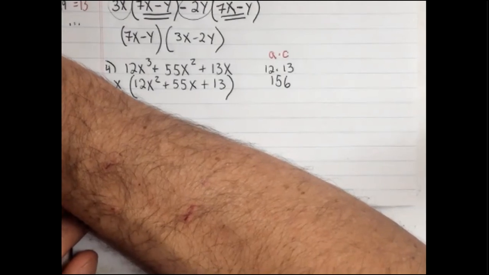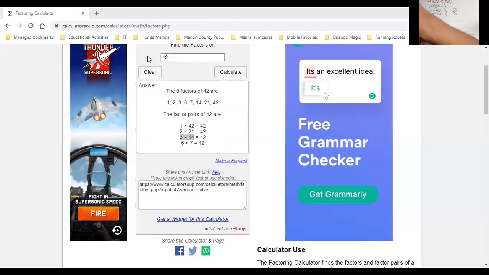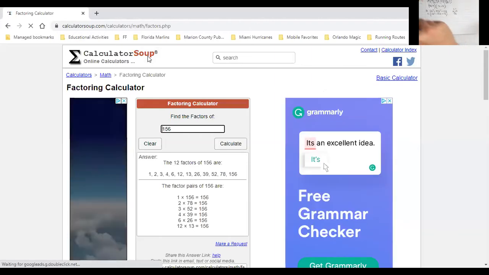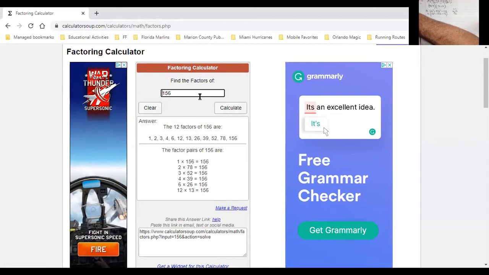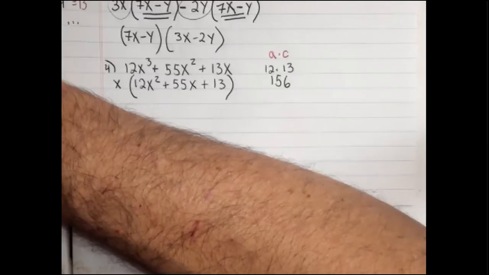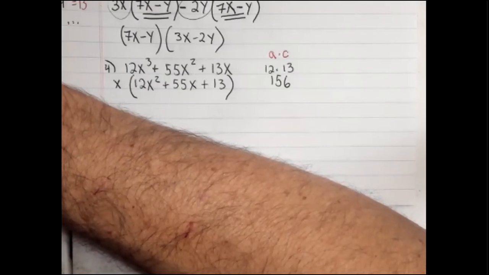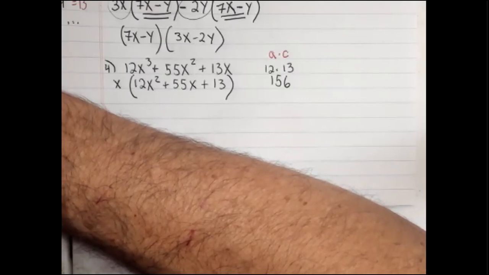Now you can sit there and come up with all the factors of 156, or there's a website that will actually do these factors for you. And I'm looking for the factors of 156 that add together to give me 55. That b value is 55. So I'm going back to look for the factors of 156 that give me 55.